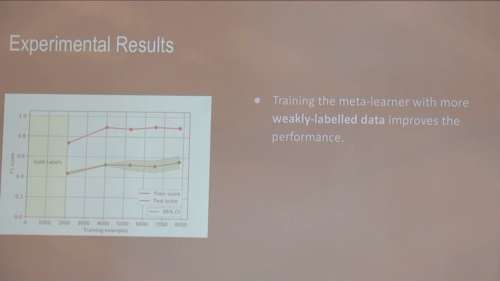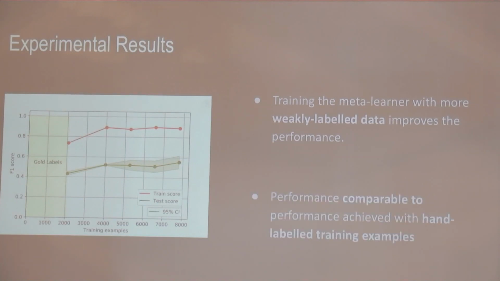And also, because this was a small scale experiment where we also had the gold labels for those, we are able to see that the performance achieved was comparable with the performance that would be achieved if we used hand-labeled training examples.